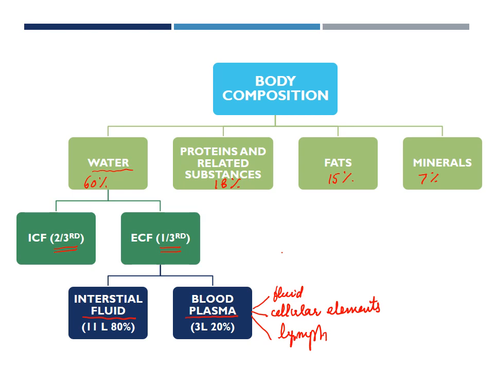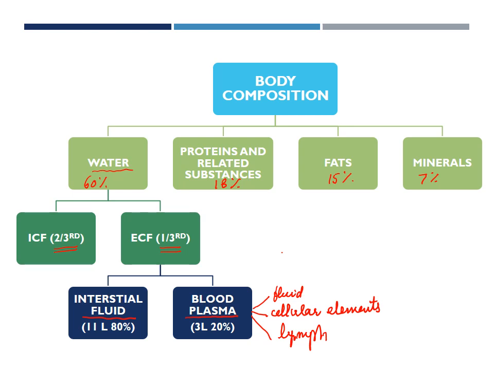And blood plasma includes the fluid that is present in the closed circulatory system. It includes fluid. It includes cellular elements, all cellular elements, and the major contribution is by the red blood cells.